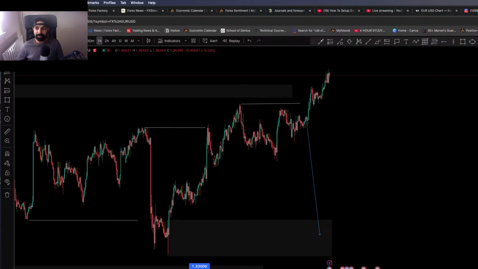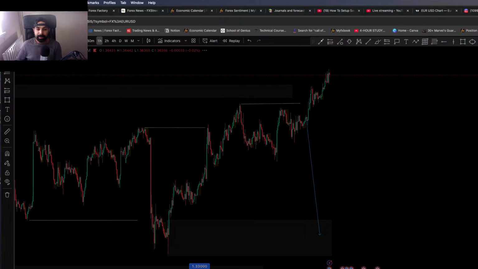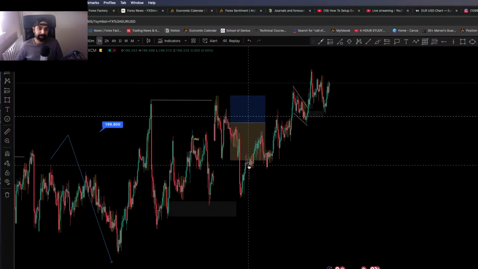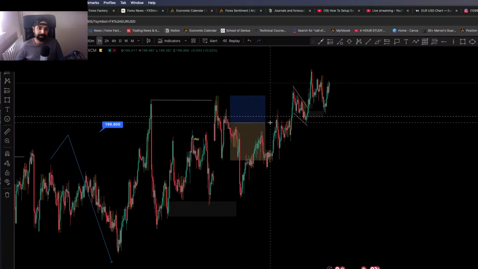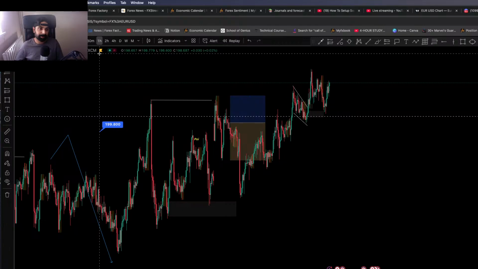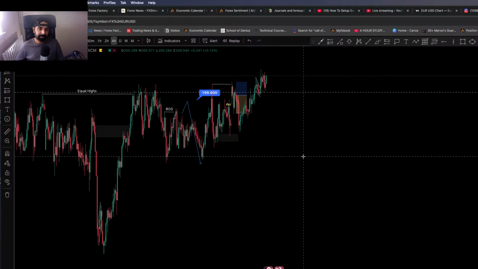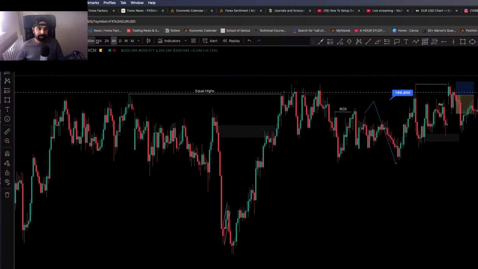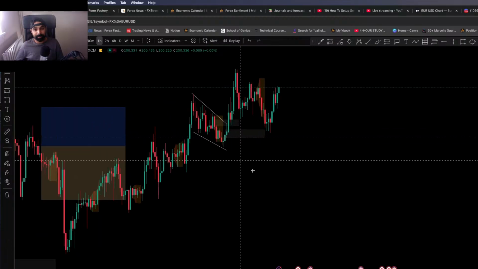Well, let's have a look at the other charts. Normally I don't trade this pair, but this one looks quite positive. So this is one of the trades I did do, but I had a break even, got taken out, which happens. Okay, equal highs. Yeah, flag patterns work quite perfect on this one.